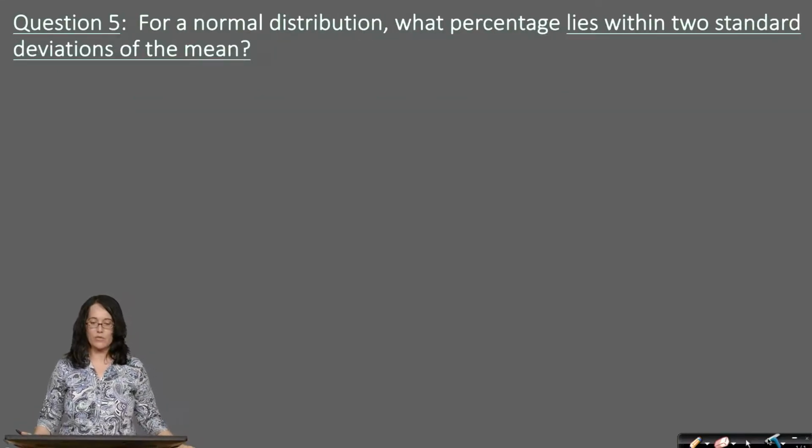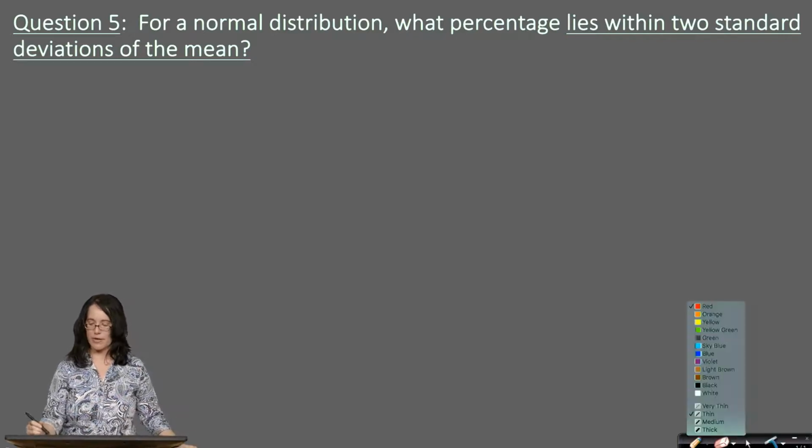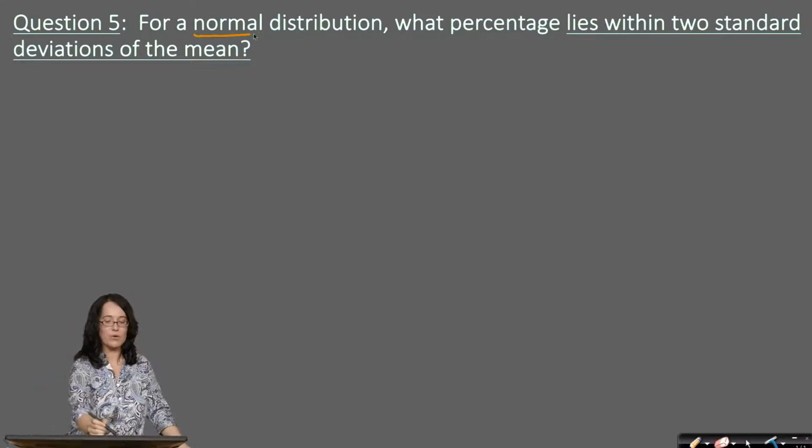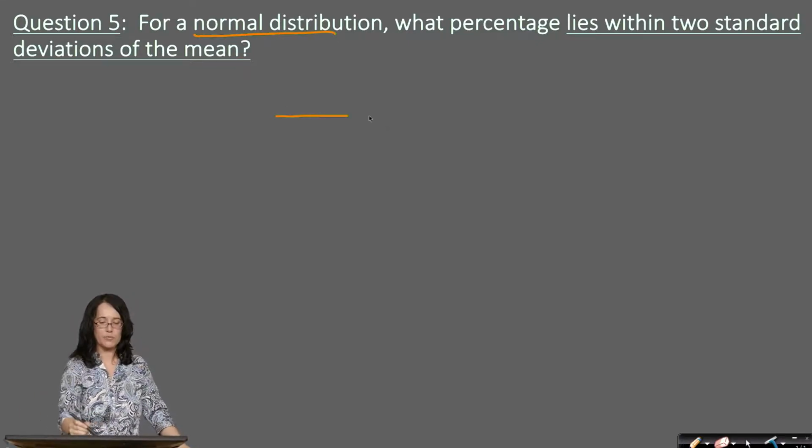It says, for a normal distribution, what percentage lies within 2 standard deviations of the mean? Okay, so this is more, again, like the first question today. This is more of a concept question. Can you remember, or do you have it in your notes properly, what happens when we have a normal distribution? Well, a normal distribution means a few things.